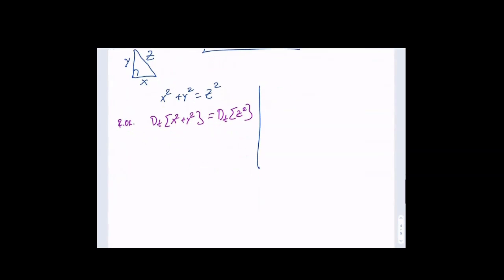What is the derivative of the left side? What is the derivative of x squared plus y squared? Now, we'll take it one at a time. Yeah, go. Would it be 2 dx/dt? Close.